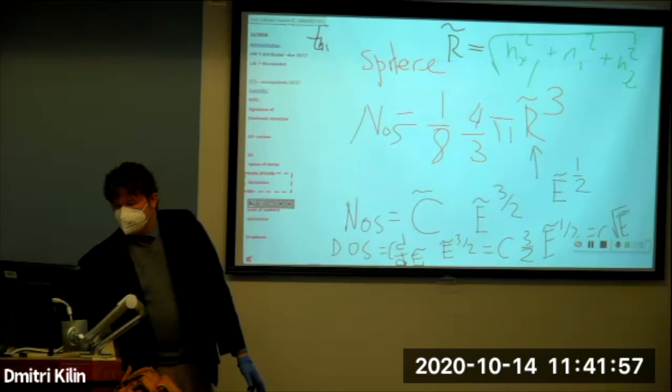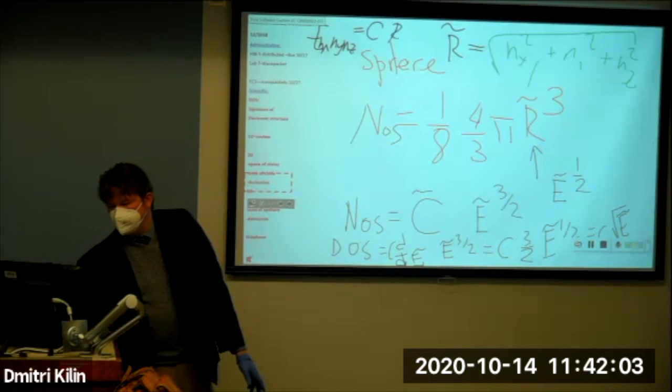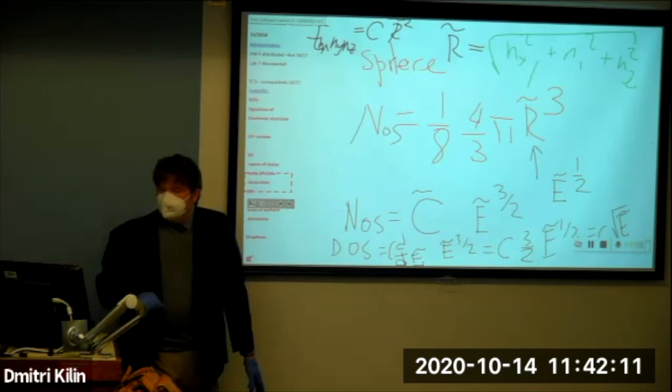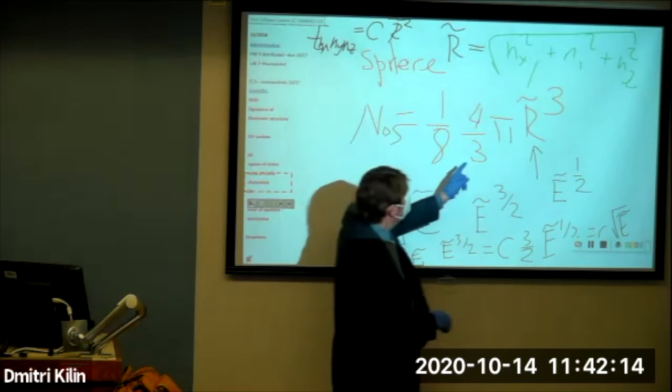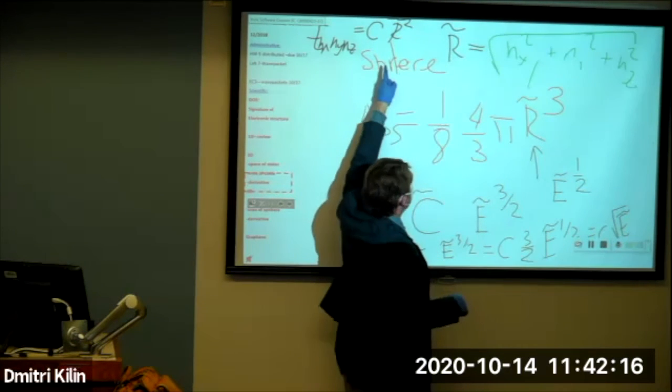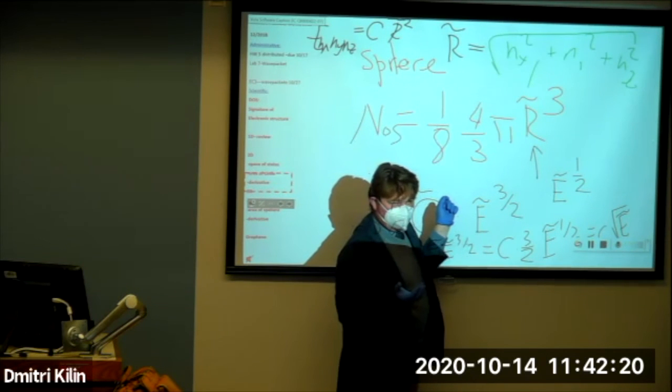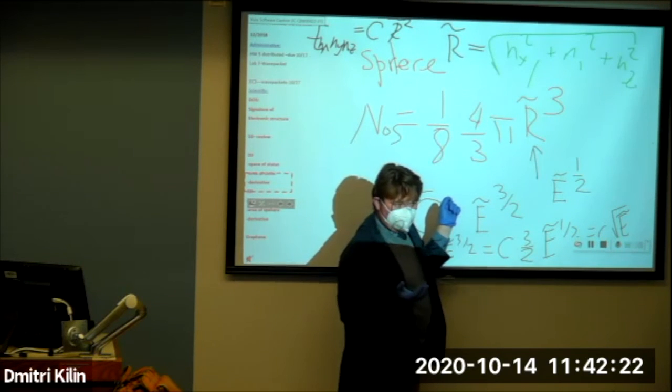Energy in x and y and z is coefficients times radius squared. So if energy is radius squared, then radius is square root of energy. Right? No objections.